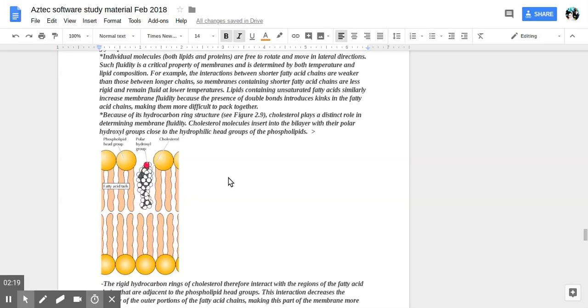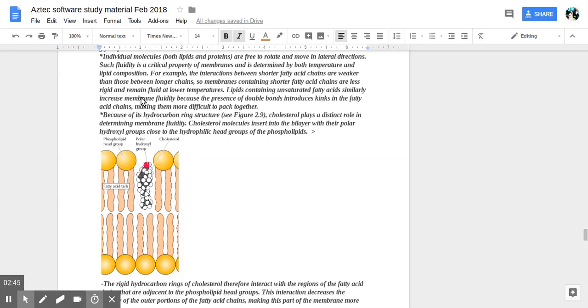Fluidity is a critical property of membranes, determined by temperature and lipid composition. For example, interactions between shorter fatty acid chains are weaker than those between longer chains. Membranes containing shorter fatty acid chains are less rigid than those with longer chains.